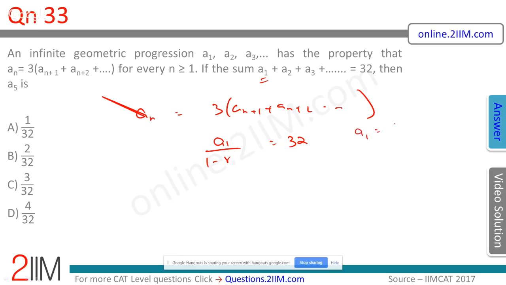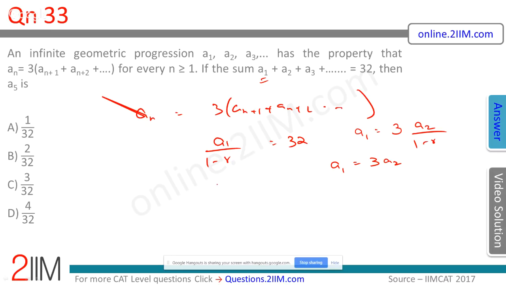A1 equals 3 times A2 by 1 minus r, or A1 equals 3A2. The common ratio is 1 by 3.